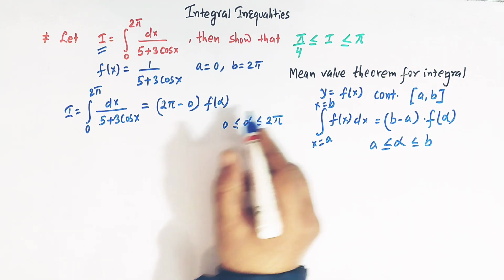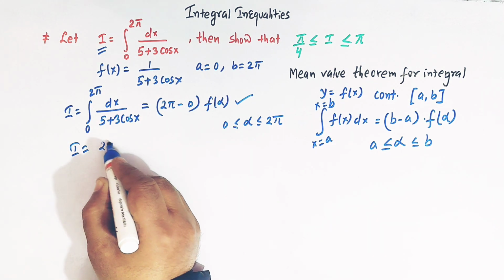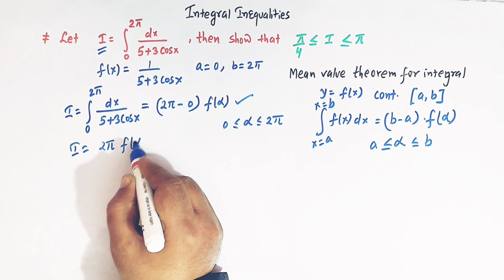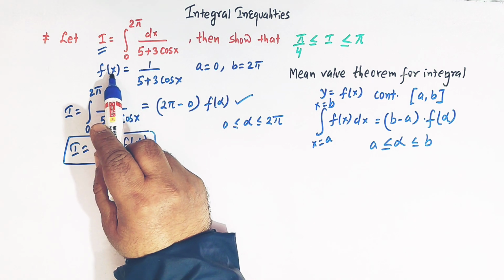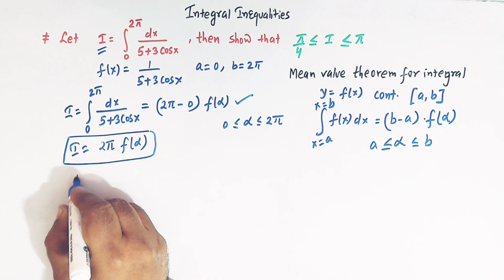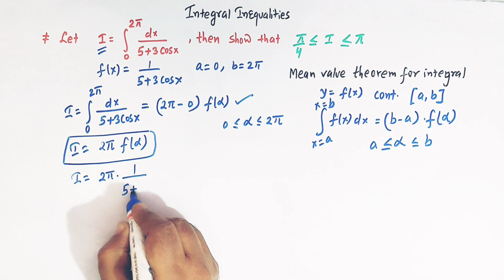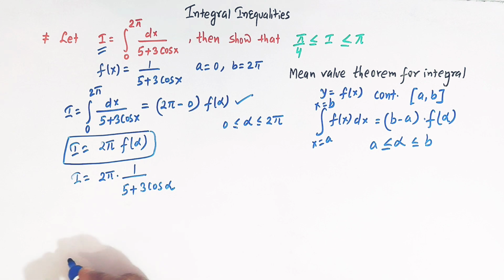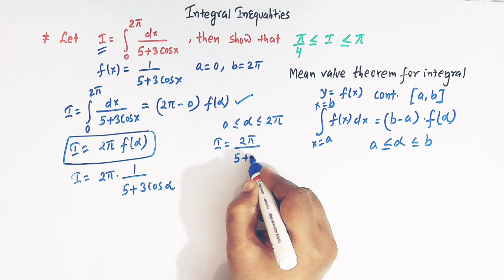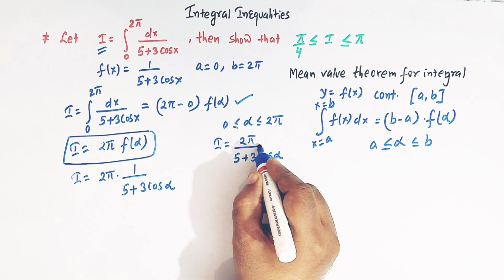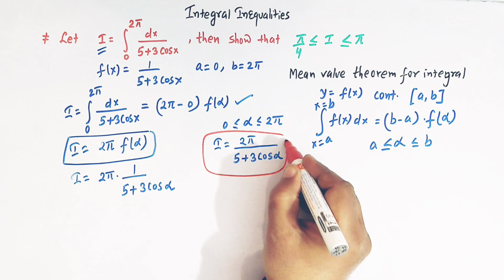So I is 2 pi times f of alpha. Replacing x by alpha, we get I equal to 2 pi over 5 plus 3 cos alpha.